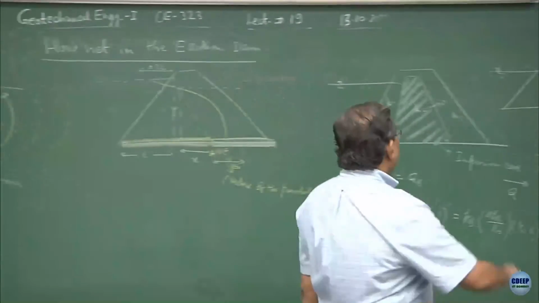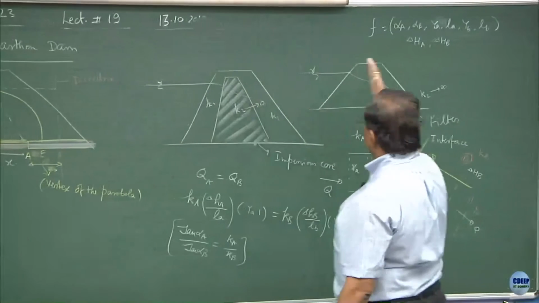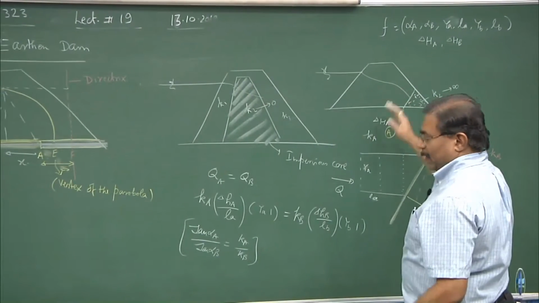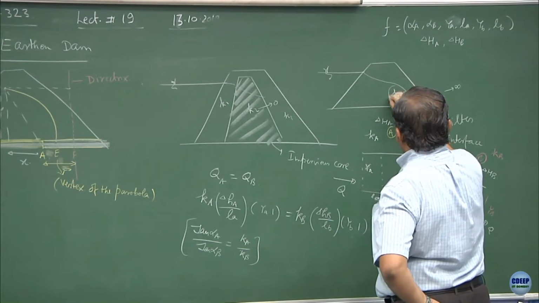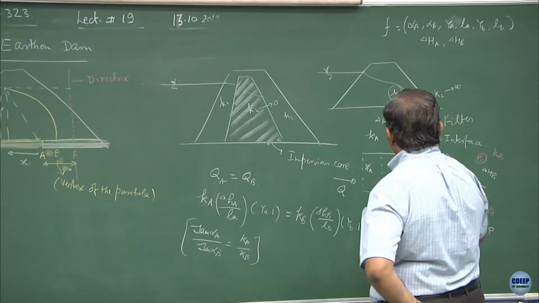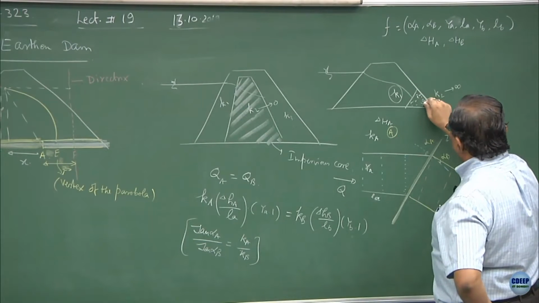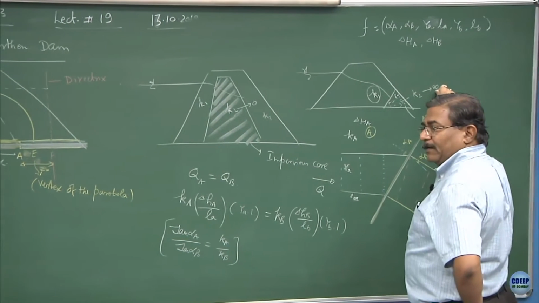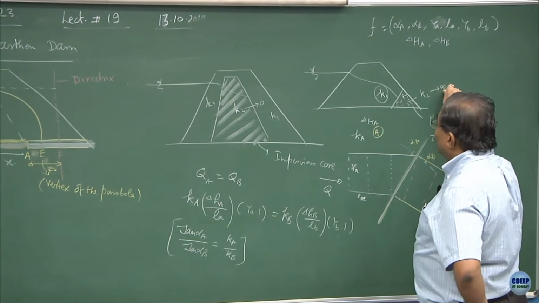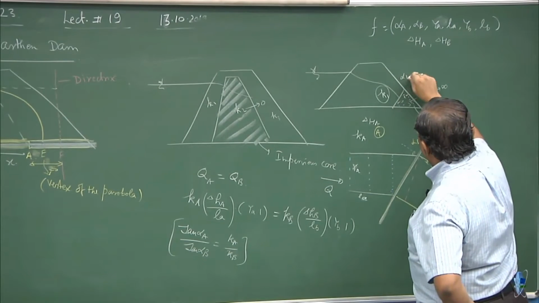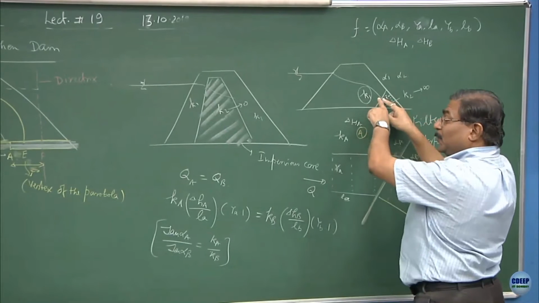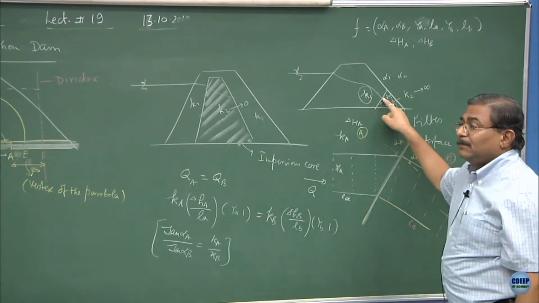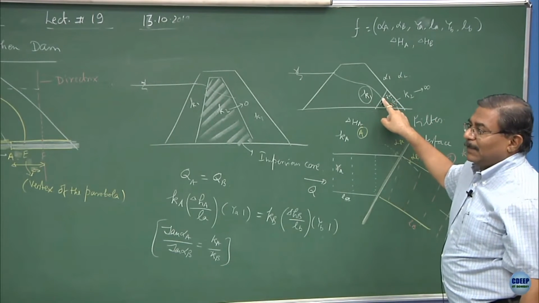So, the whole story started from the interface problems like this. This K1 is a finite value. The value of hydraulic conductivity for the filter layer is tending to infinity, clear. So, what is the relationship between alpha 1 and alpha 2? Alpha 2 is going to be 0. Why? What is the meaning of this?